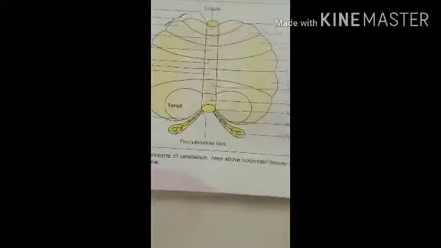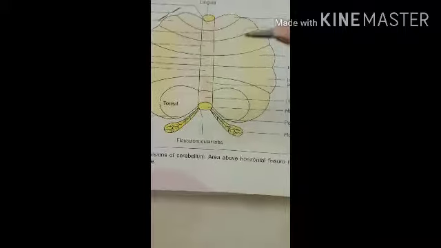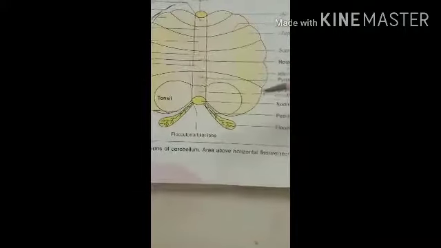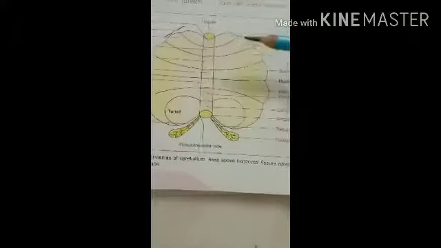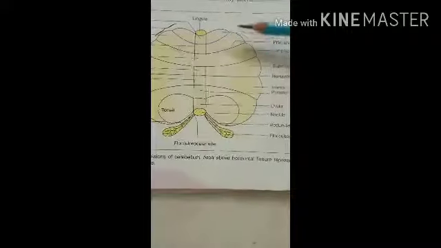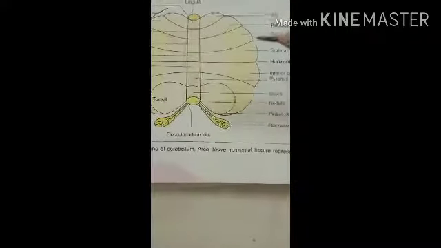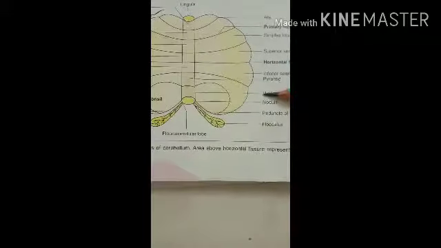Then the third part, the neocerebellum. It is the most recent part of the cerebellum to develop and it is made up of most of the middle lobe except the pyramid and the uvula. You know this is the pyramid and this is the uvula.